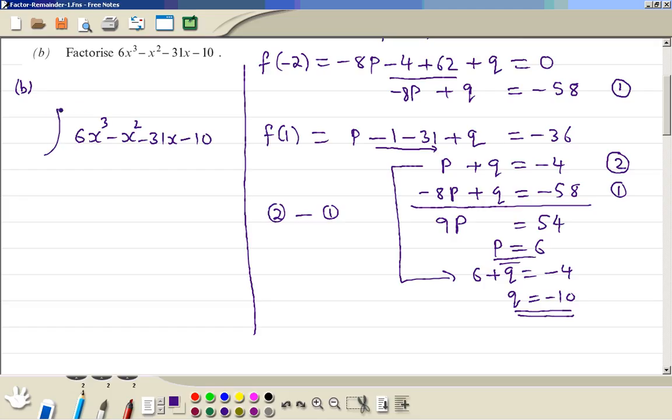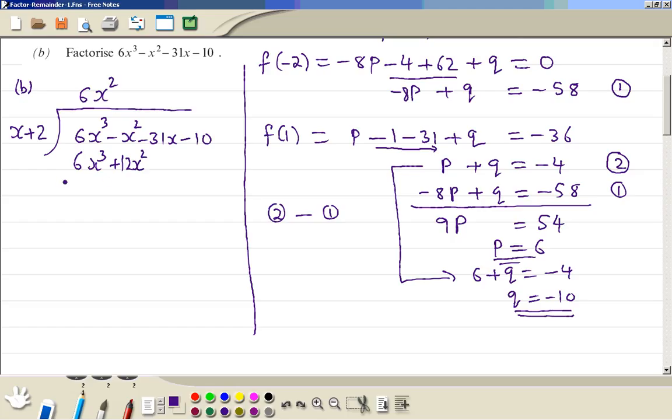We divide by x plus 2, which is a factor. So we need here 6x cubed under here. So we multiply x by 6x squared. So multiply everything here by 6x squared, we get 6x cubed. Then we're going to get 12x squared.